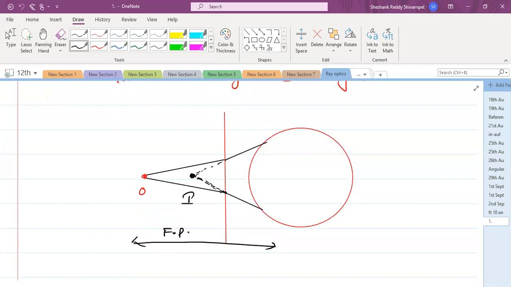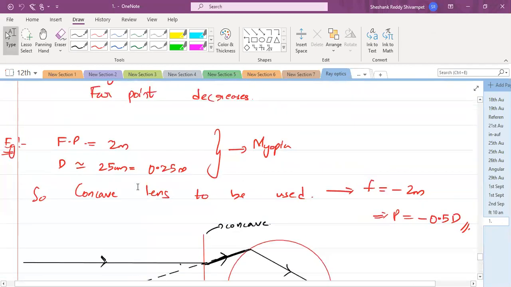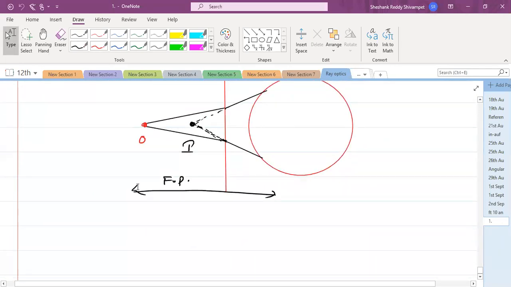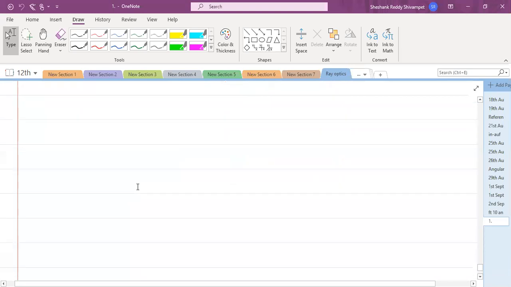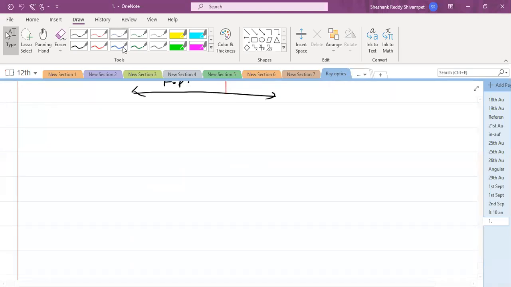Near point depends on the person; it will change from person to person. Okay? Did you understand myopia? Then I'll go into the other case. We have 10 minutes more, so this will be understood easily.